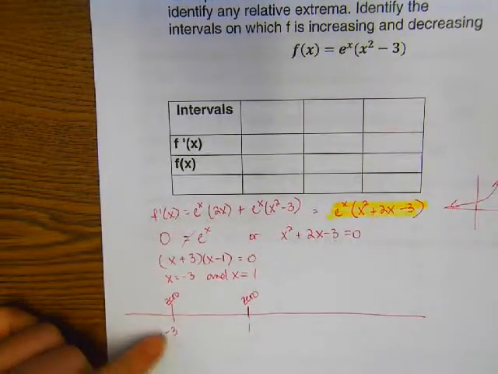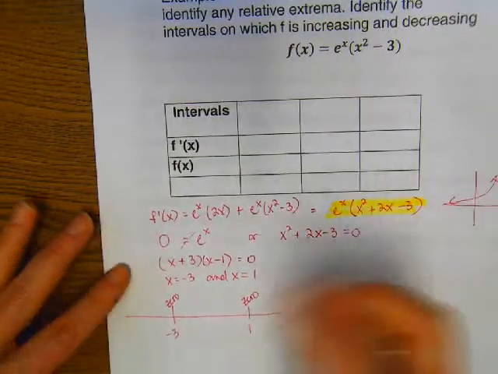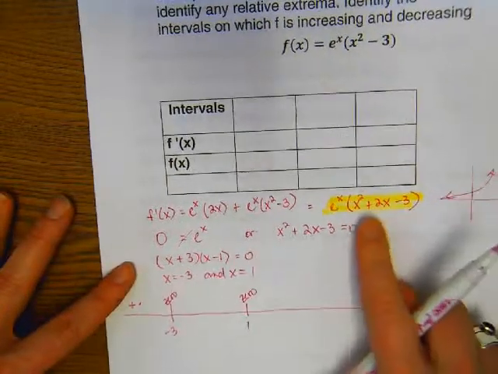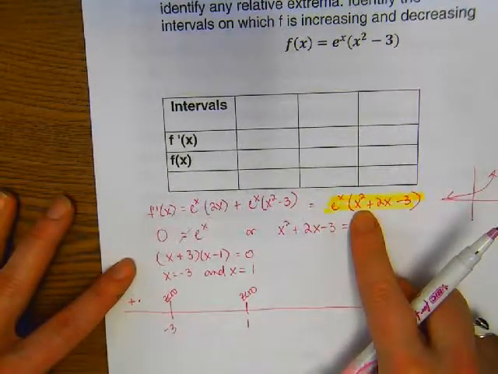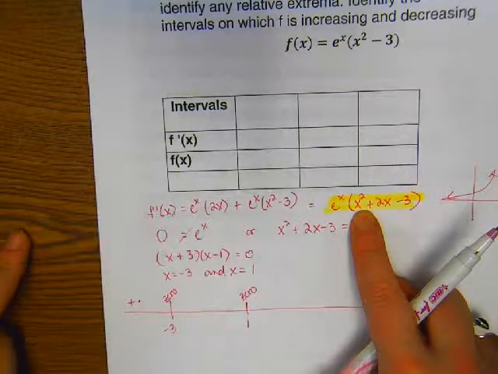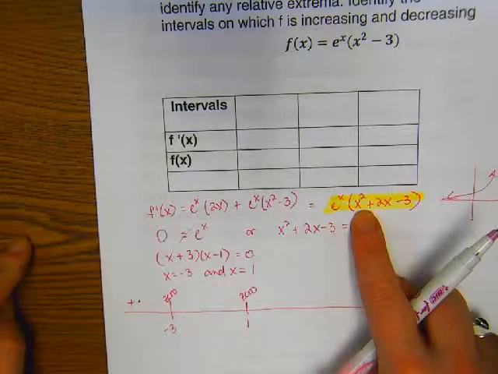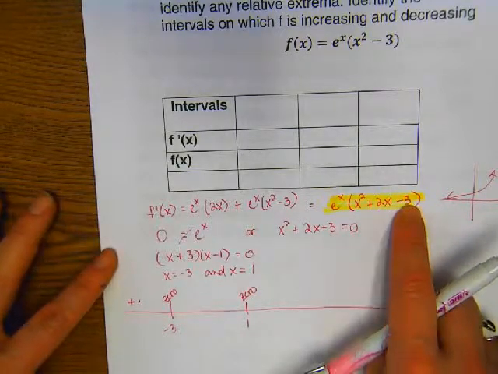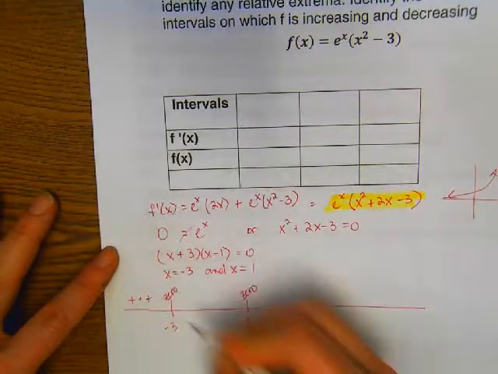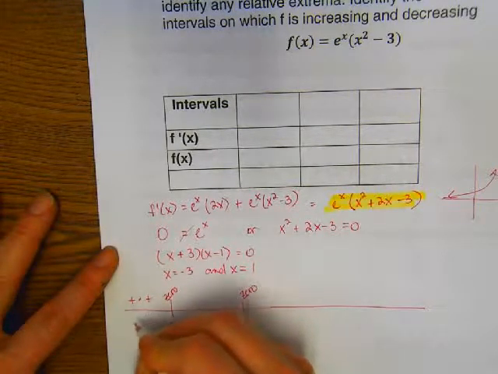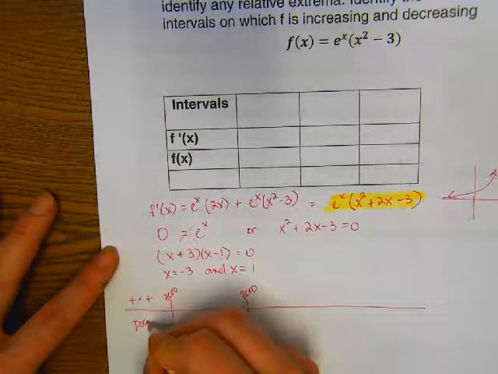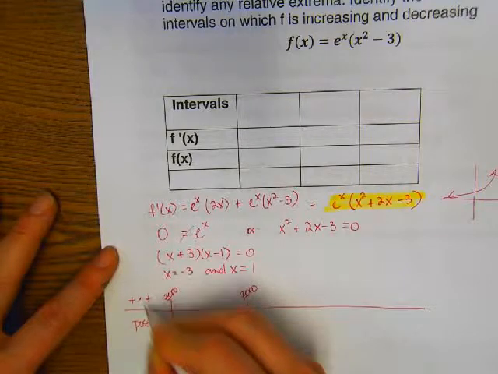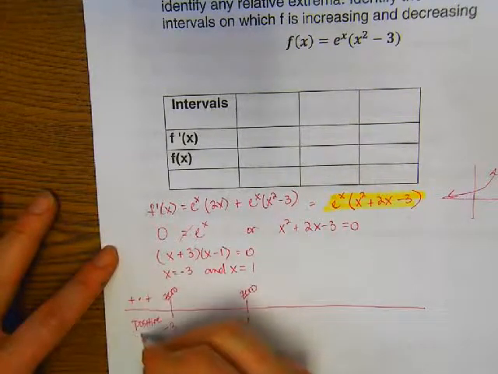Let's say I picked negative 4. E to the negative 4 is going to be a positive number. If I put negative 4 in here, that'd be like 16, 16 minus 8, 8 minus 3, that's still positive. So positive times positive is positive.